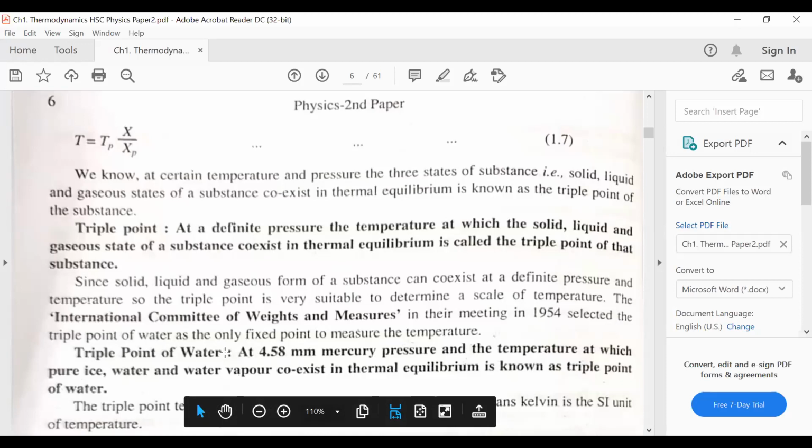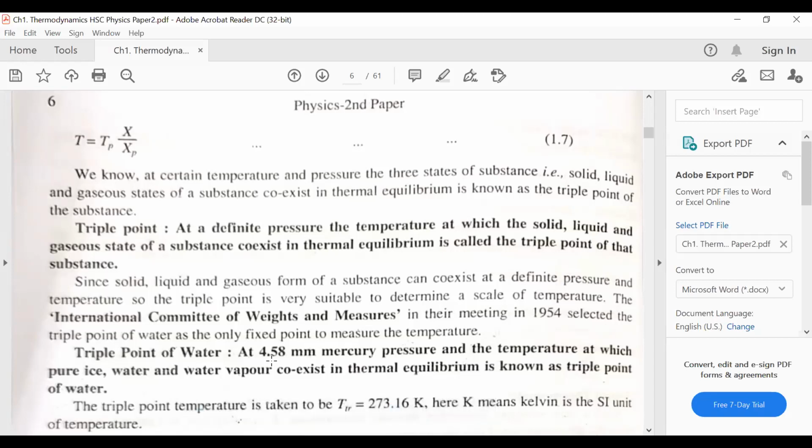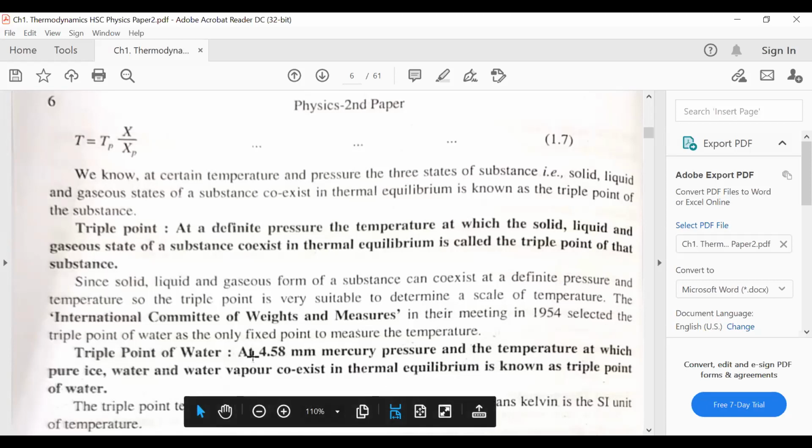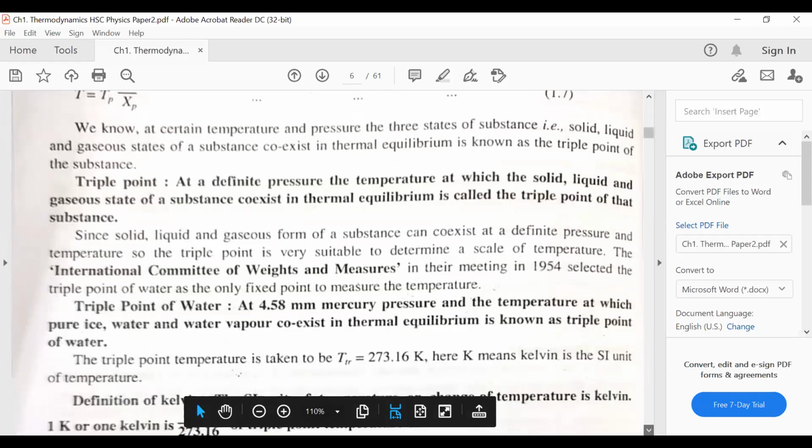I want to focus on this because you will wonder at what point they will coexist. It's at a pressure which is very low compared to the atmospheric pressure. And at this pressure, the temperature at which pure ice, water, and water vapor coexist in thermal equilibrium is known as the triple point of water.